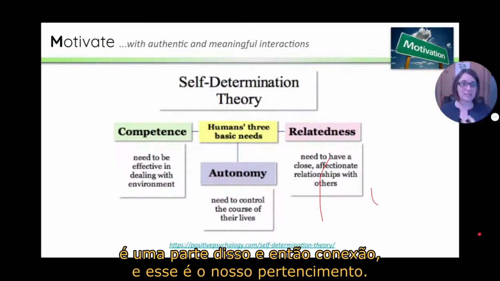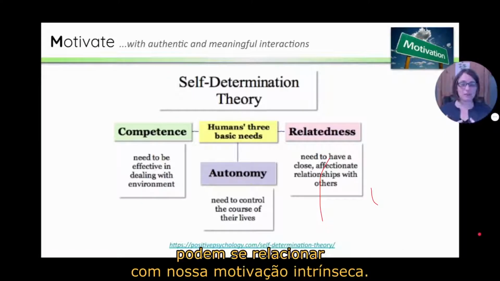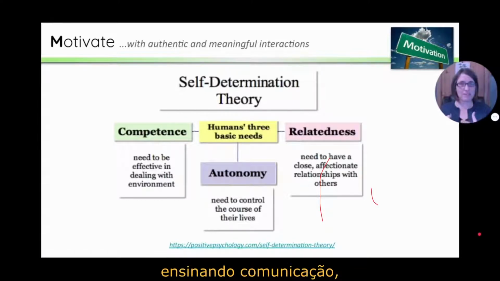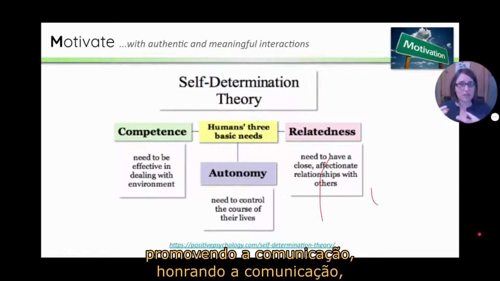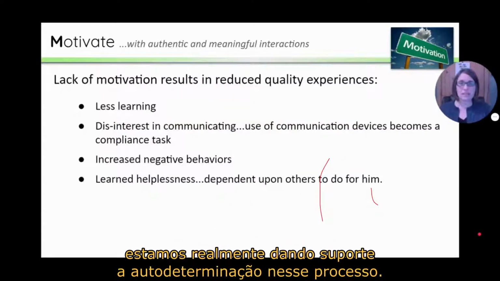And then relatedness, and this is our belonging. And belonging and social interaction can be tied to our intrinsic motivation as well. So we want to shape self-determination by teaching communication, fostering communication, honoring communication. We are really supporting self-determination in that process.